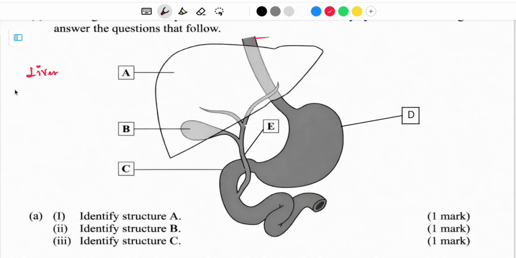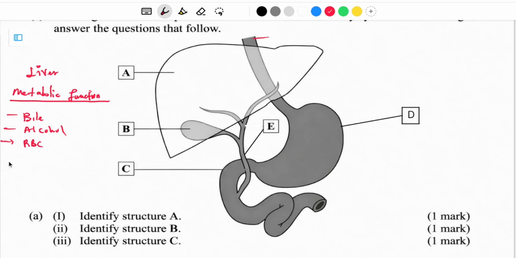In terms of the metabolic functions, whenever they ask you about the metabolic functions of the liver, you have to give them the function of the liver, what it does. For example, we can talk of production of bile, as well as detoxification of alcohol, or detoxification of poisonous substances. Then, during fetal life, the liver produces red blood cells, which is RBC.